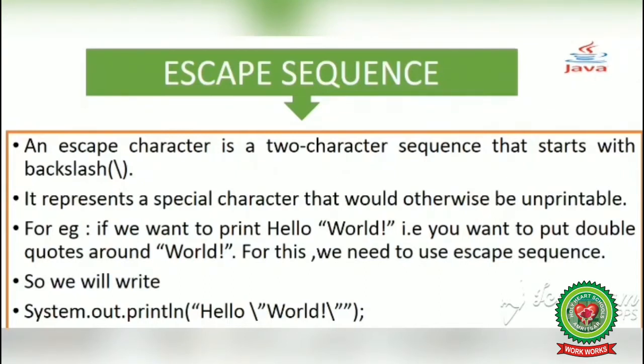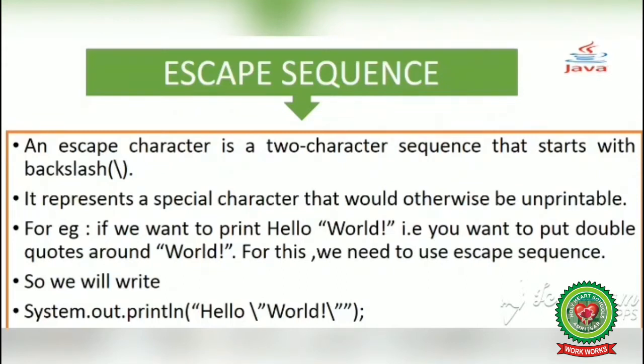System.out.println, round bracket start, then double quote start. These double quotes are for the simple message that we are going to print. Then Hello. Again backward slash and double quotes is used to print a double quote on the screen. Then we will write World, exclamation mark. Again backward slash and double quote is used to print double quotes on the screen that we have started around the world.